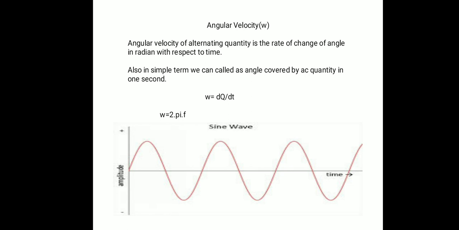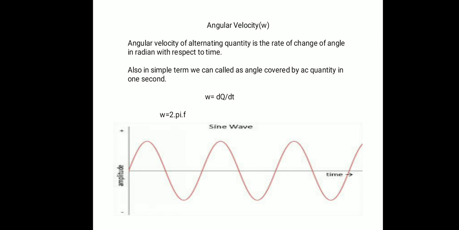That rate of change of angle with respect to time is called the angular velocity omega. Also in simple terms we can call it the angle covered by an AC quantity in 1 second.